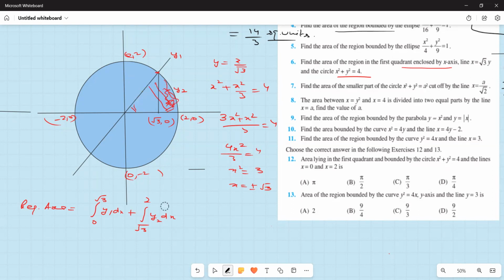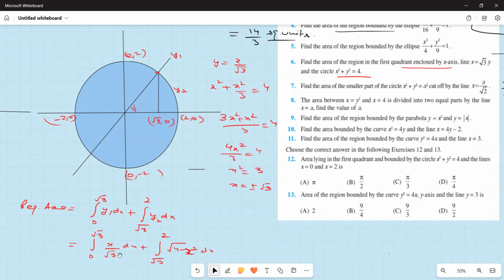So y1 is x by root 3 from 0 to root 3, dx, plus root 3 to 2 y2, which is square root of 4 minus x square, dx.